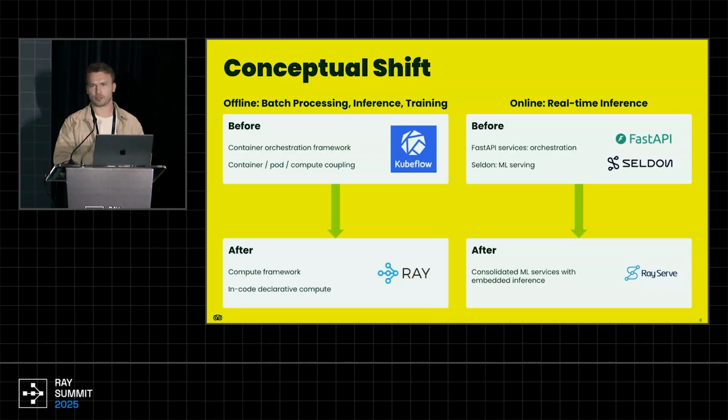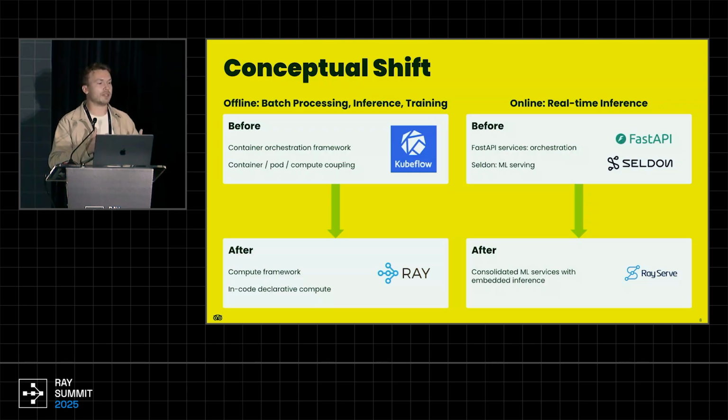Kubeflow is a workflow orchestrator, whereas Ray is a compute framework. And so what that means when we go to operationalize some workload for production is that with Kubeflow, that amounts to breaking down the workload into individual tasks, containerizing those tasks, and then scheduling them into a DAG.